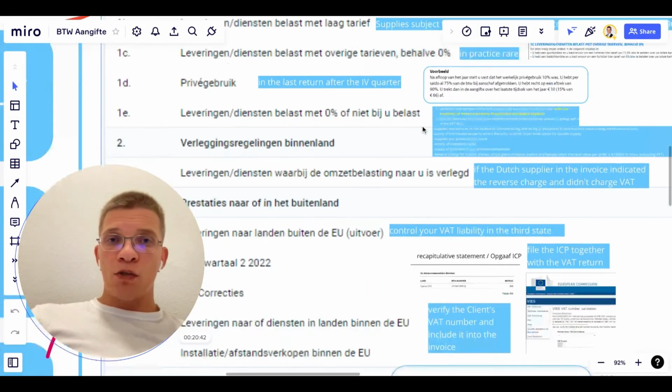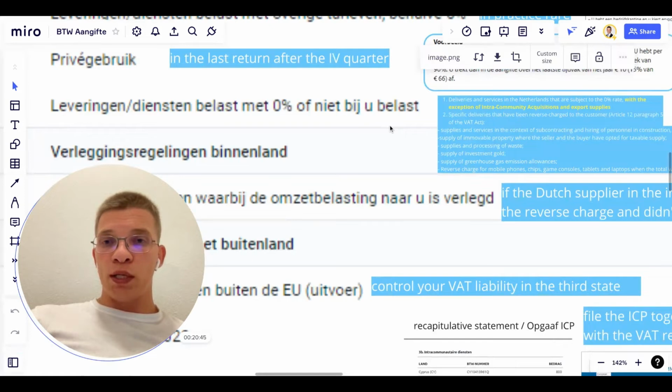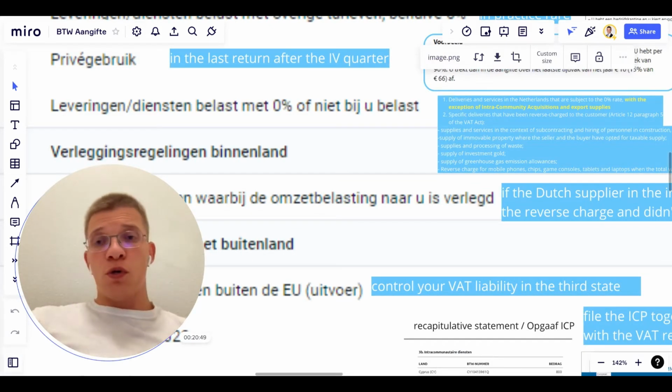But don't confuse this point with the further sections where you have to account for the reverse charge from the European member states, because this section specifically excludes these events.